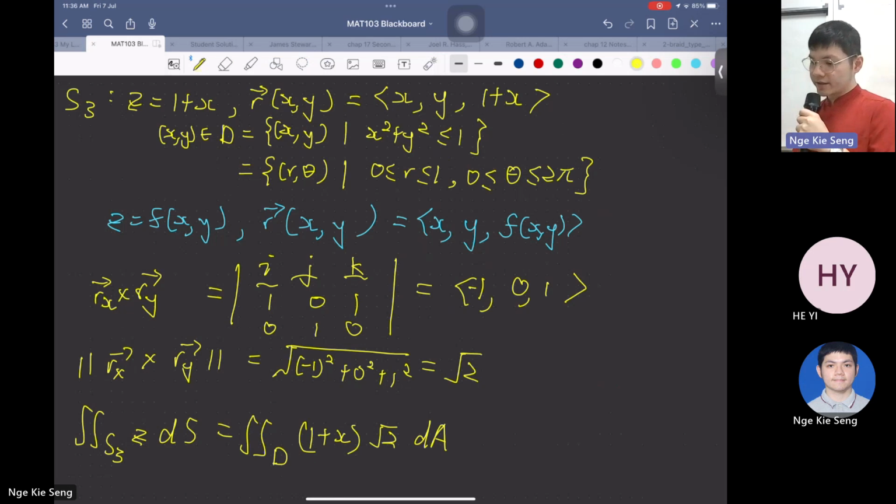So you can see that in x, y coordinates here, we have this. You want to integrate over this region of x, y coordinates. So what can you do?